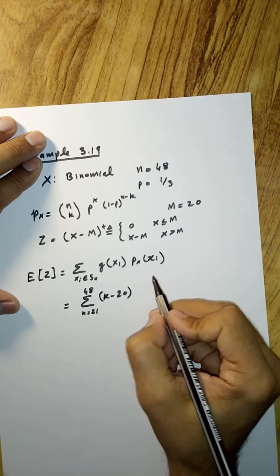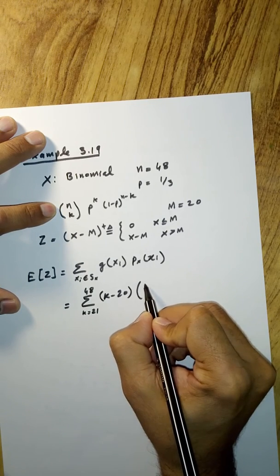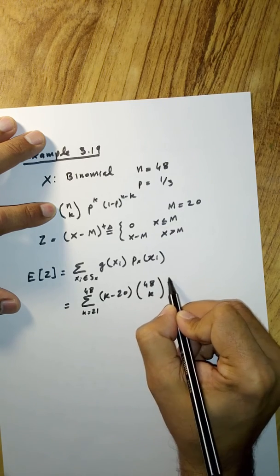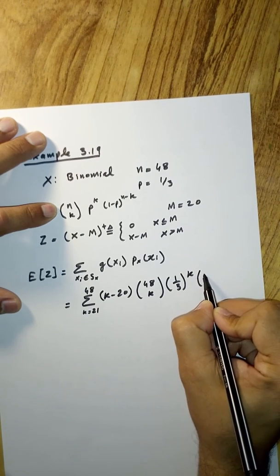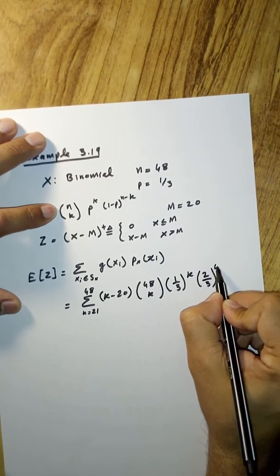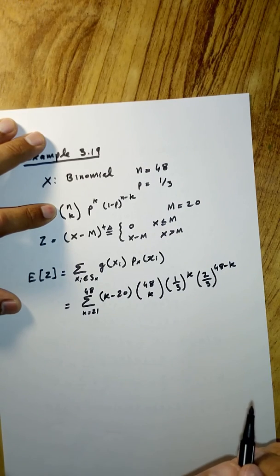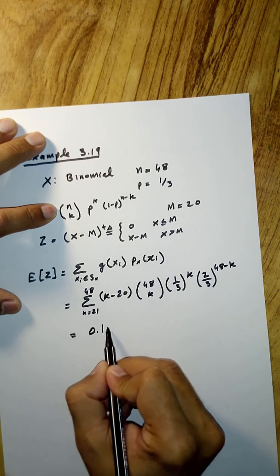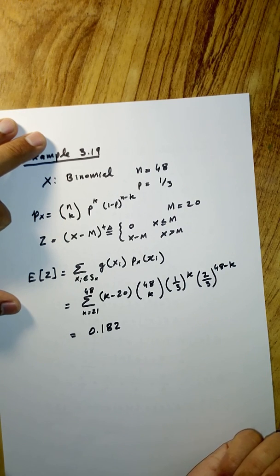And then the PMF of x, which is binomial: 48 choose k, 1 by 3 to the power k, and 1 minus p, which is 2 by 3, to the power n minus k, which is 48 minus k. If you do this math, you'll find the answer is 0.182 or 18.2%. Okay, thank you very much.